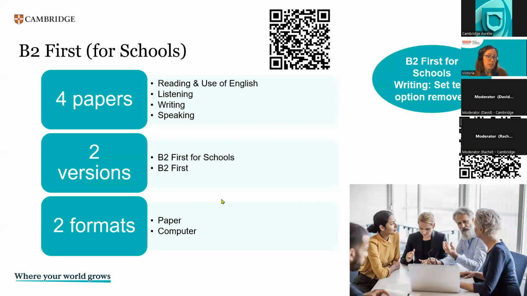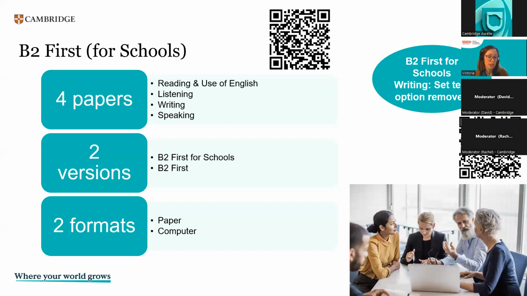So in terms of the versions and the formats, for Schools, the topics are more suitable for school age students, and B2 First may be more for adult students. And then in terms of the format, it depends on your preference, really, if you prefer to sit the exam on paper, or if you prefer to do it on a computer.